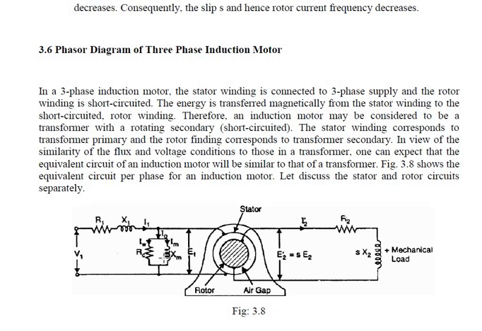This is also for the stator circuit. So I0 is the no load current, and it is a combination of the working current component and the magnetizing current component. So this is the stator circuit, and this E1 is the induced EMF at the stator circuit, which will link with the rotor circuit.